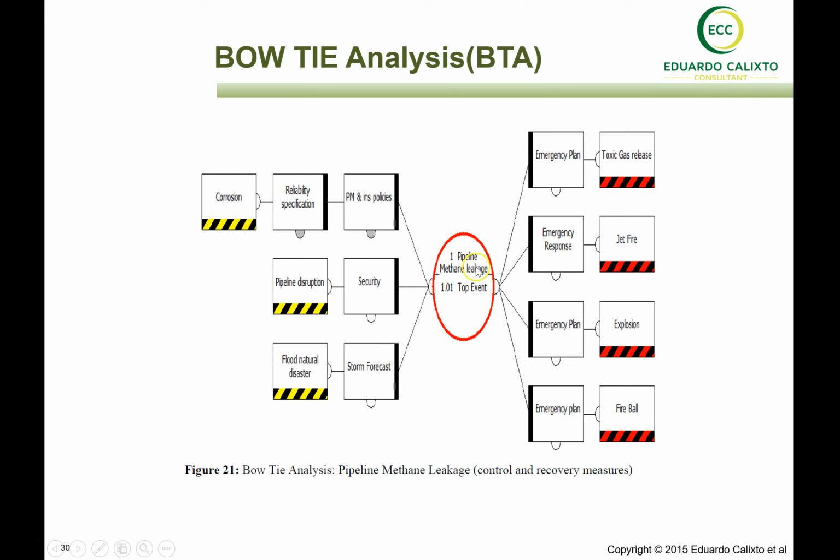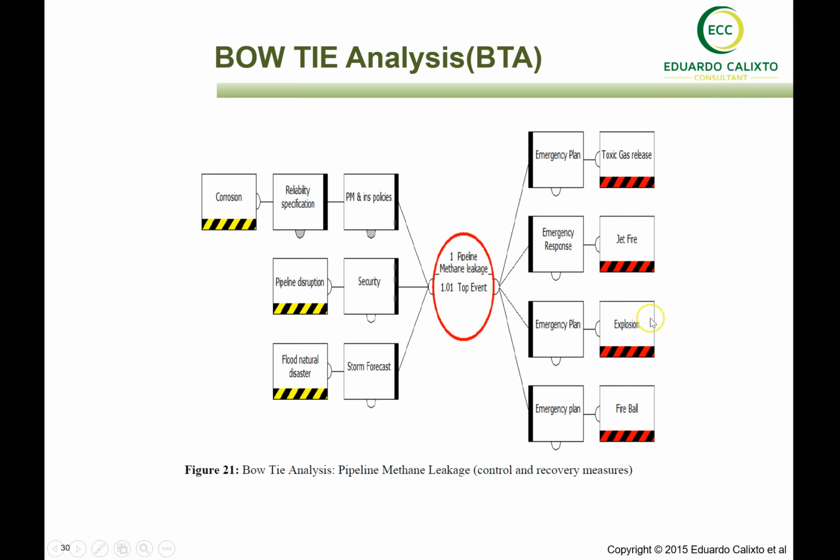Then, on the other side, if the events happen, we can have an emergency plan for each one of these scenarios that will mitigate the effect. So in the bow tie you can see the complete loop of the accident from the trigger event to the consequence, and you can manage the control and recovery measures.